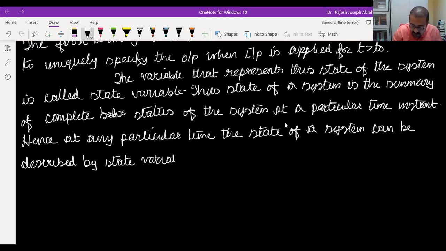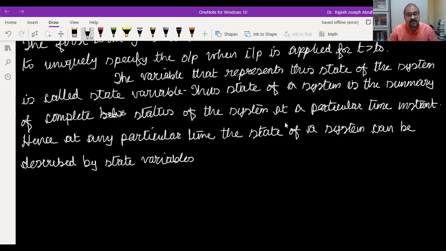State variables need not be physical variables, and they need not even be measurable. Later we will see that if the state variables are not measurable, then we need to estimate or observe them. If all states are not available for measurement, then we need to design a state observer or a state estimator. You will see that in due course of time.